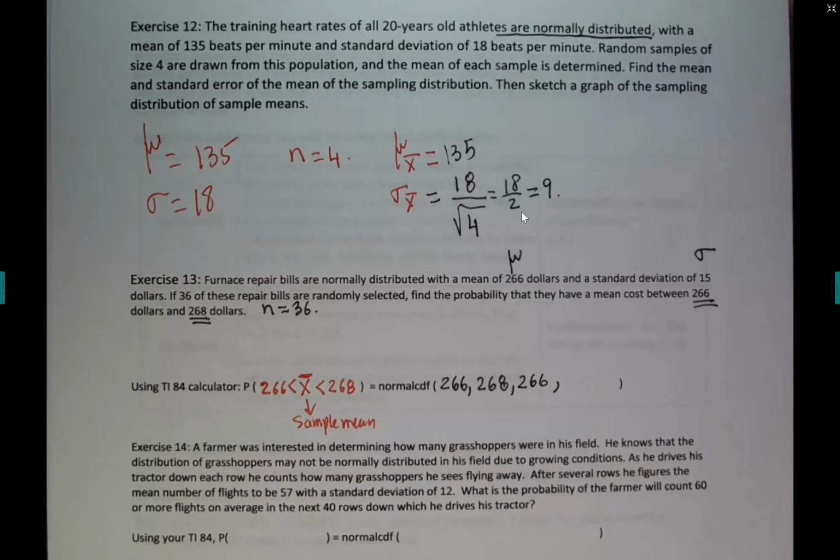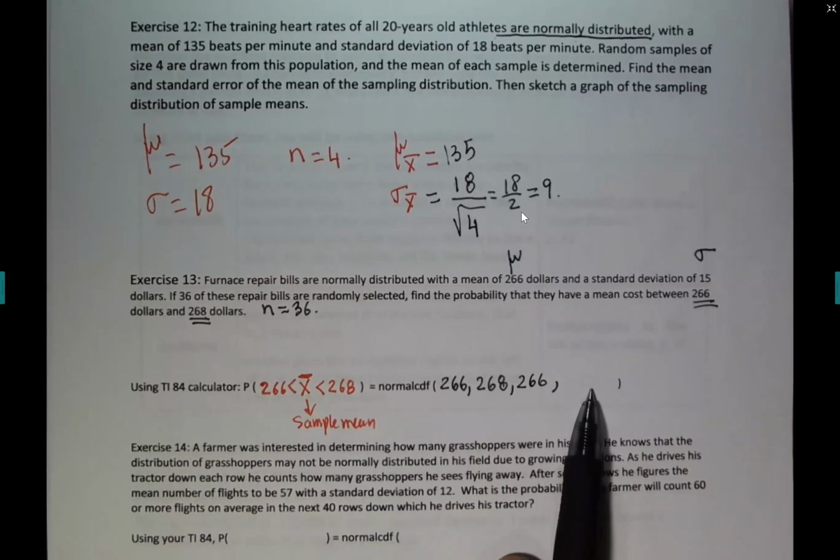Remember, we're not working with the original population. We're working with the sample means. The original population has a standard deviation of sigma. The sample means have a standard deviation of sigma divided by square root of n. So what's going to be the difference between this section and the previous sections? What do you think I'm going to put in there?